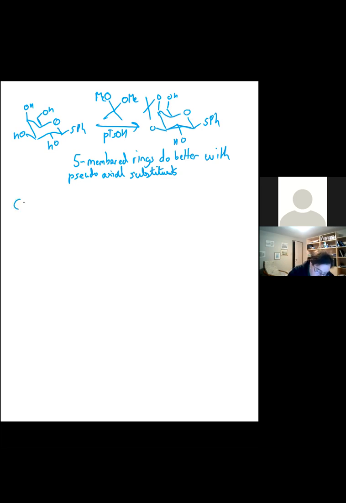Because they are cis diols, which are easier to protect as a ring than a trans diol. So one axial, one equatorial, this will always win.